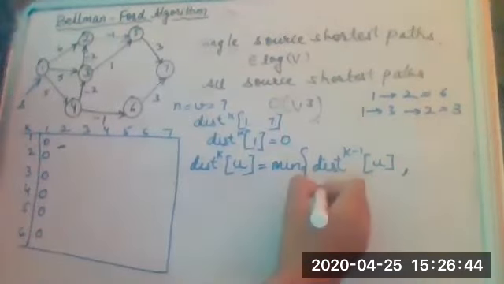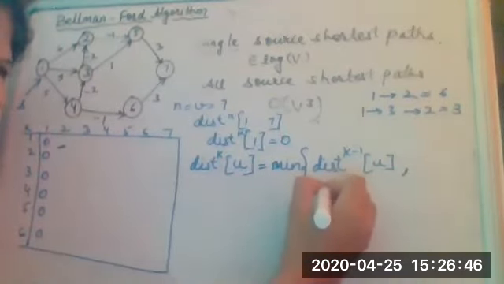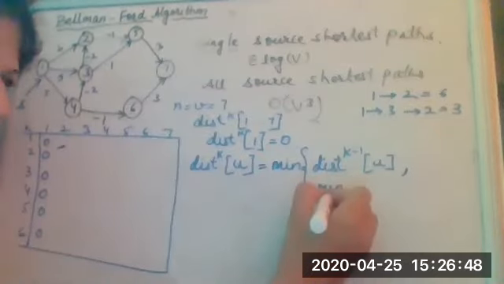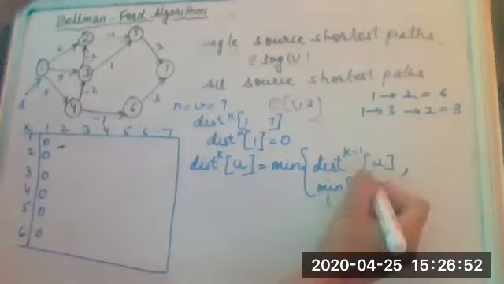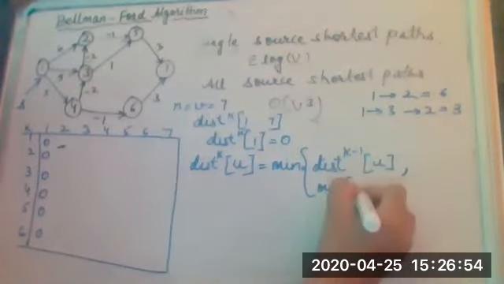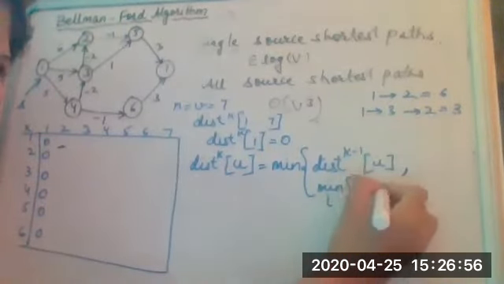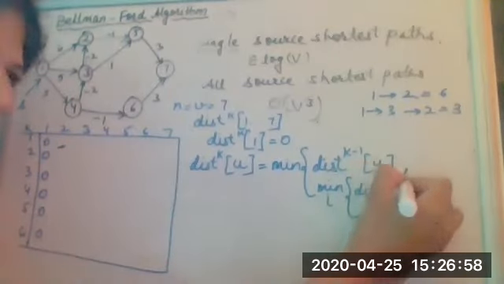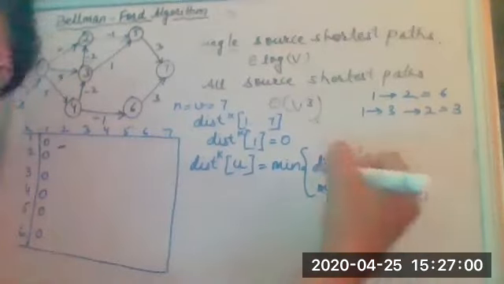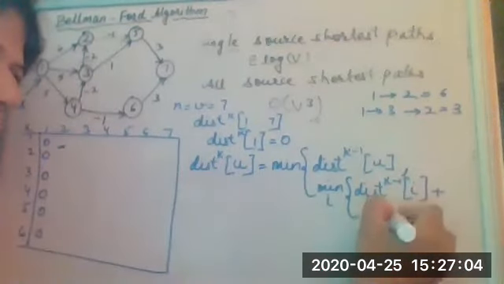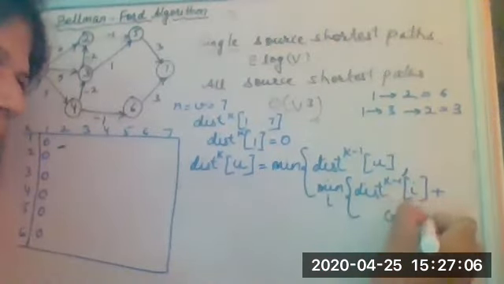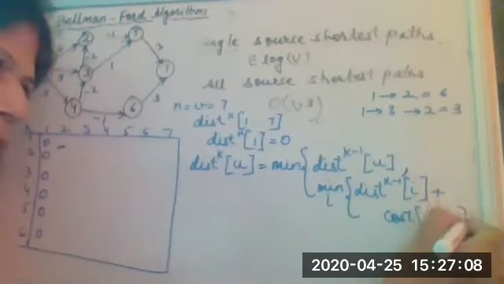So the formula here is the minimum over i of the distance that was already there for k minus 1 vertices for some ith node plus the cost from i to u.